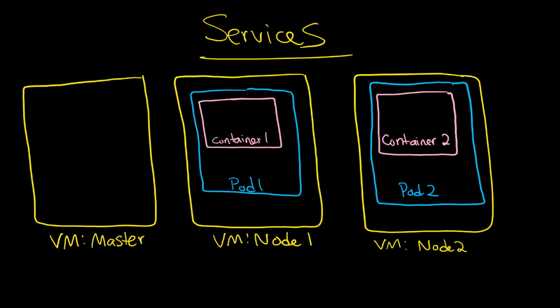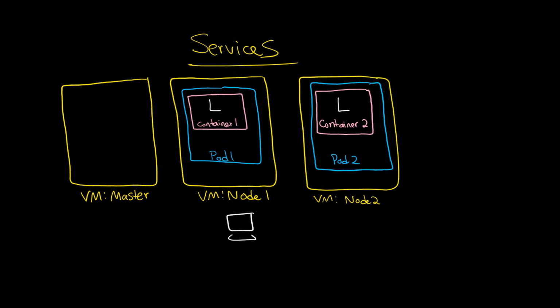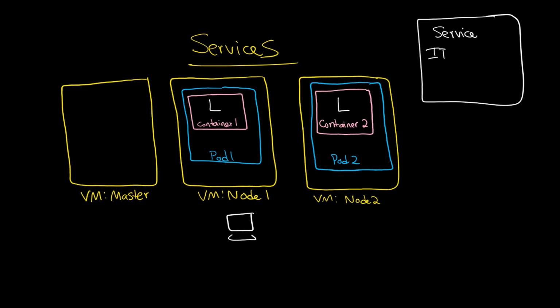And yet, what happens if we're running, say, a Liberty container, a web page here, and we want that to always come up at the same IP address from some client down here? This is where services come into play. The idea is that you create an abstraction called a service, and you could have many services, and they will have an IP address, they will have a DNS entry, and they'll also have a port.